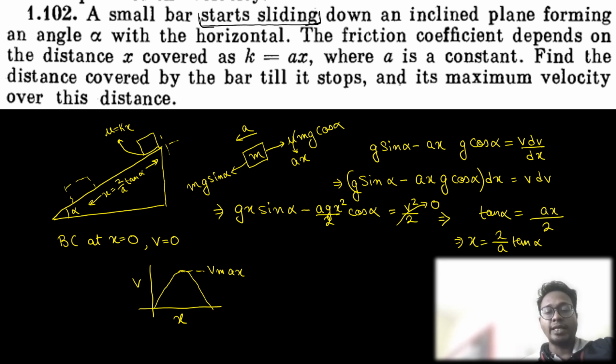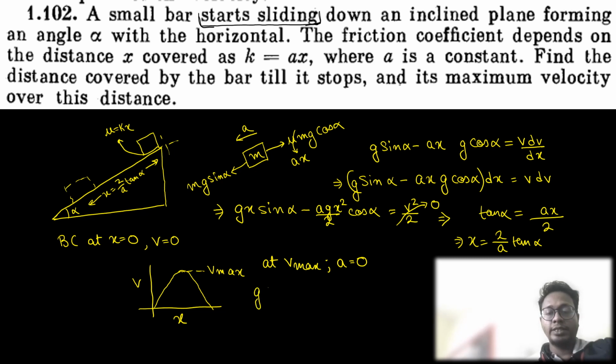So at Vmax, acceleration is equal to 0. If acceleration is 0, this is nothing but the free body diagram equation. So g sin alpha minus a x g cos alpha is equal to 0. This is the force equation.